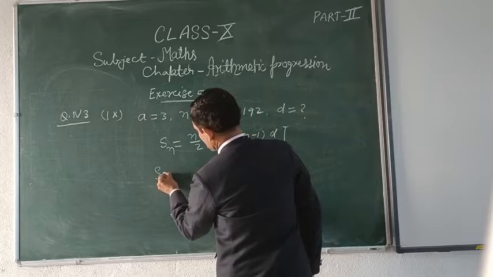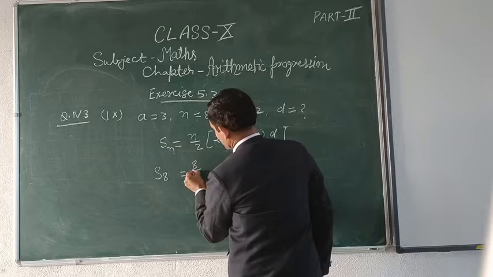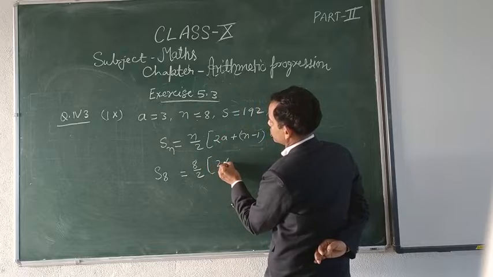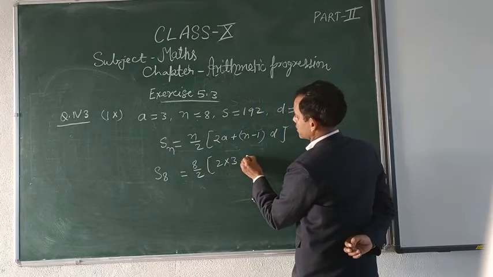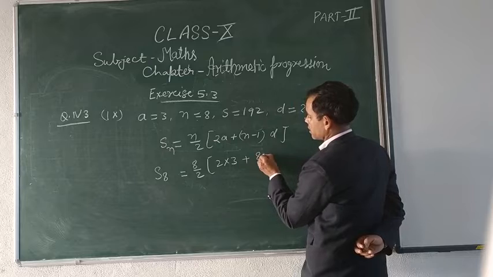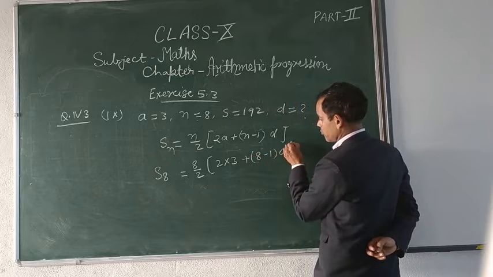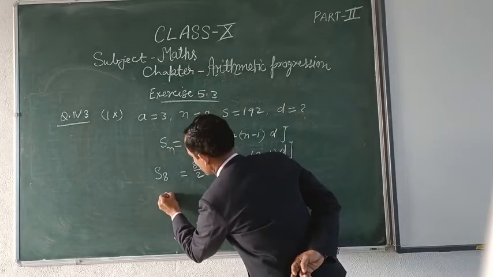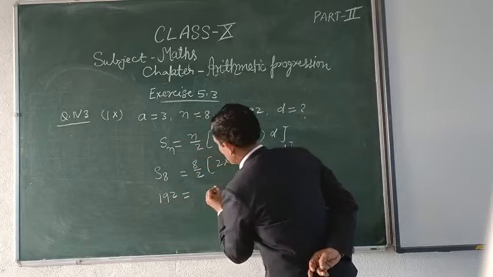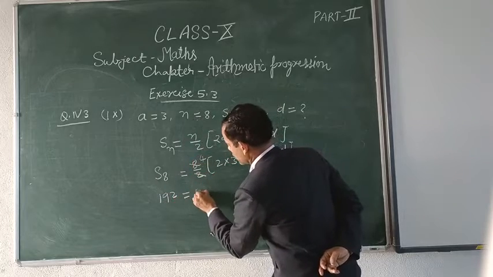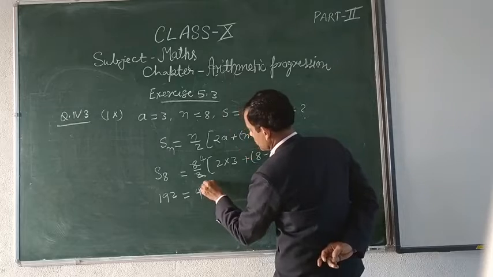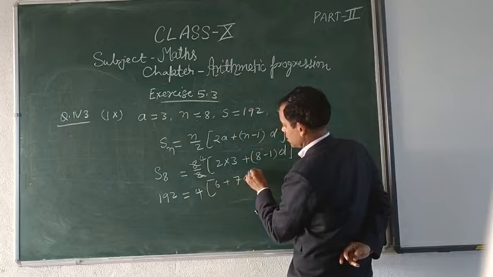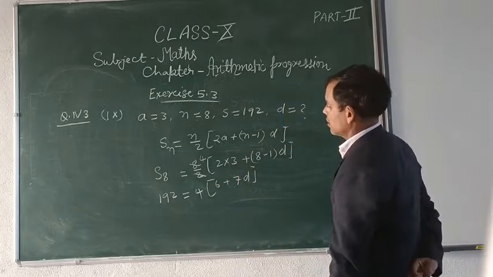Then 8 by 2 into 2 times 3 plus 8 minus 1 into d, and Sn is given as 192, which equals 4 in bracket 6 plus 7d.